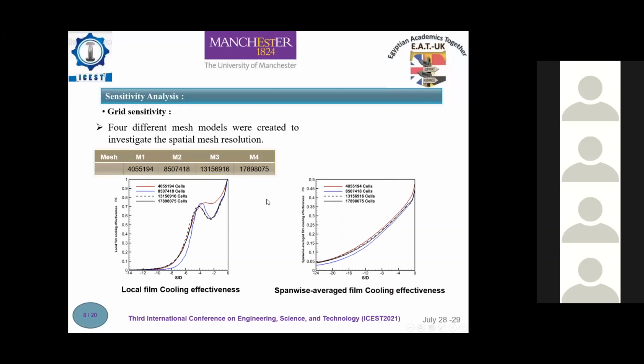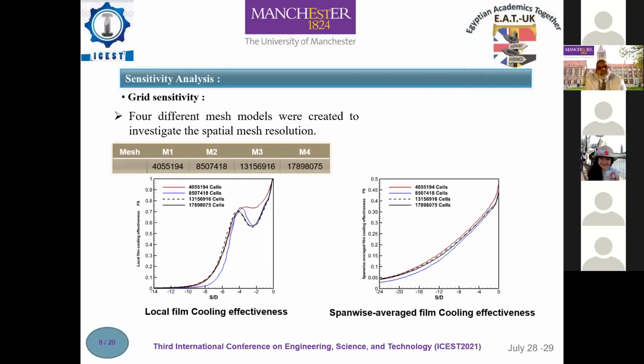The effect of the grid size on the mid-span plane and span-wise average film cooling effectiveness distribution was examined, as shown in these two figures. These two figures indicate that there is no significant change in film cooling effectiveness when the grid size is increased above 13 million. Therefore, the grid size with approximately 13 million cells was selected for computation.